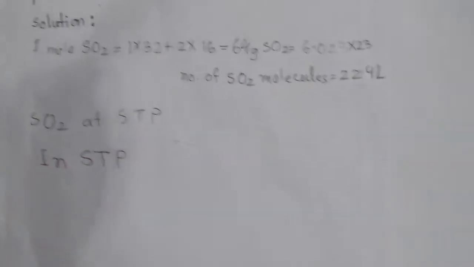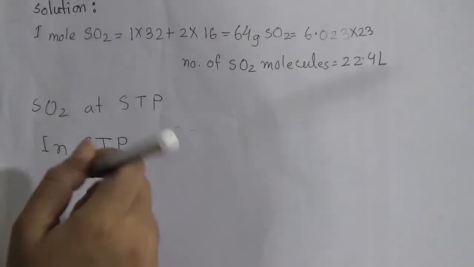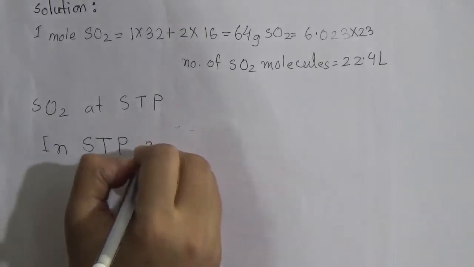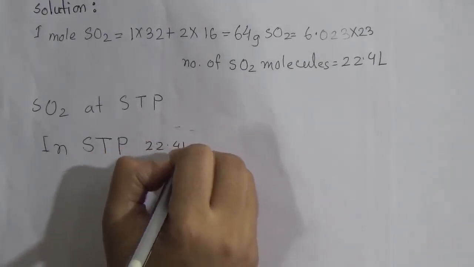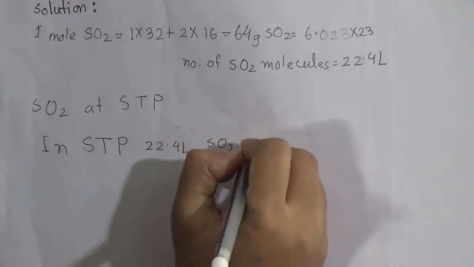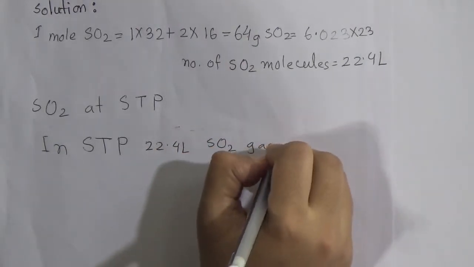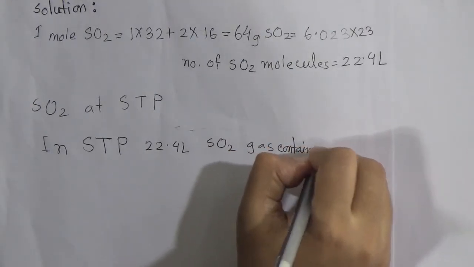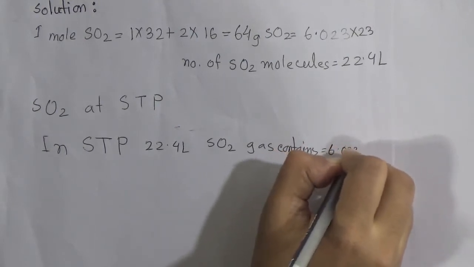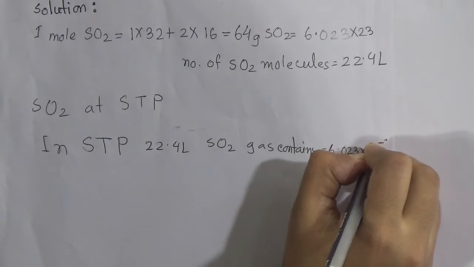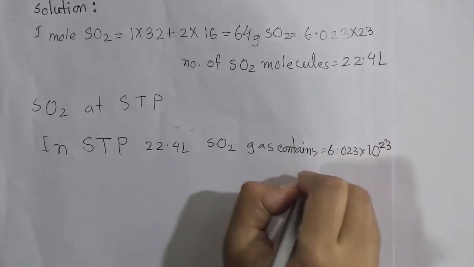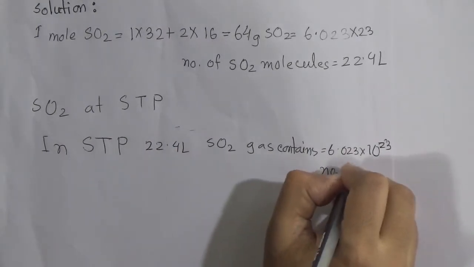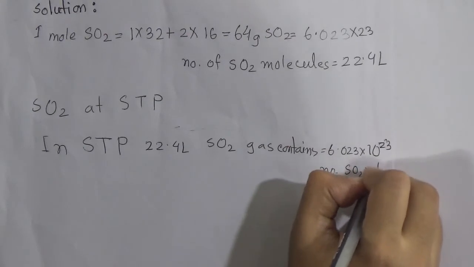Dear students, I am using the short form of standard temperature and pressure, but when you do the math, you will write the full form. 22.4 liter sulfur dioxide gas contains 6.023 multiplied by 10 to the power 23 sulfur dioxide molecules.